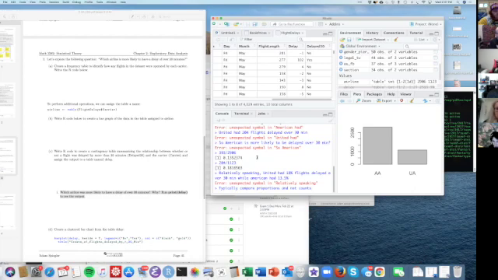American Airlines flights was a much larger population in our data set compared to United. Okay, any questions?